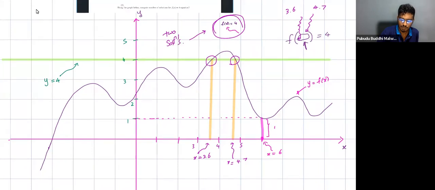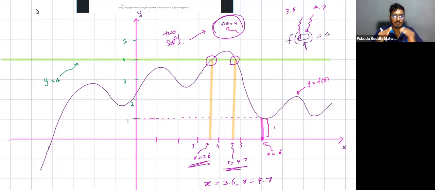If you want to compute those solutions, these are the answers: x equals 3.6, x equals 4.7. Not the exact answers, right? But you will get a perfect graph with perfect round values in an exam. Here, I think you can understand the concept.